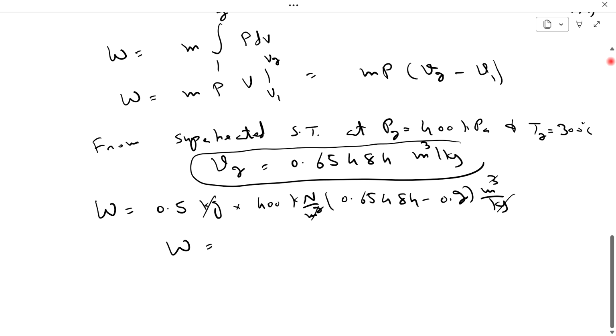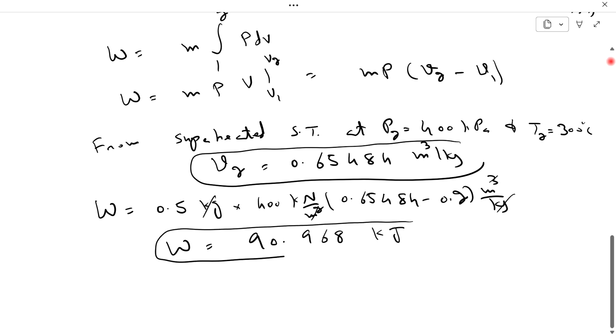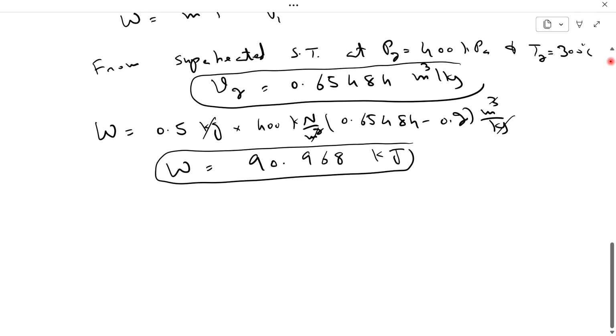The final answer for W is 90.968 kilojoule. Newton meter is equal to joule. A positive sign means that work is done by the system, or work output, according to the convention of this book.